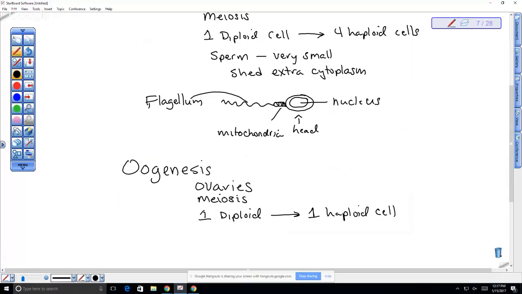If we can produce 4 haploid cells, 4 eggs for every cell that's undergoing meiosis, why do we only produce 1? Does anybody know the answer to that? Why do we just produce 1 egg for every diploid cell that goes through this cycle? Well, only for one cell that's undergoing meiosis, you only get 1 haploid cell.